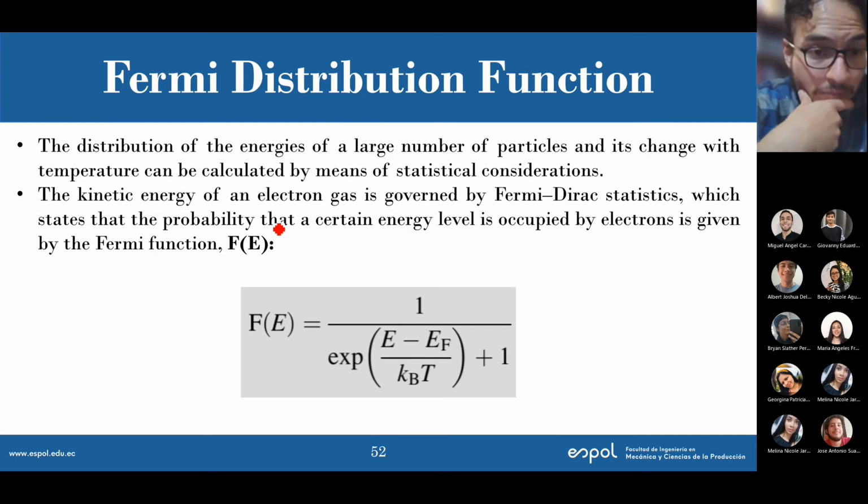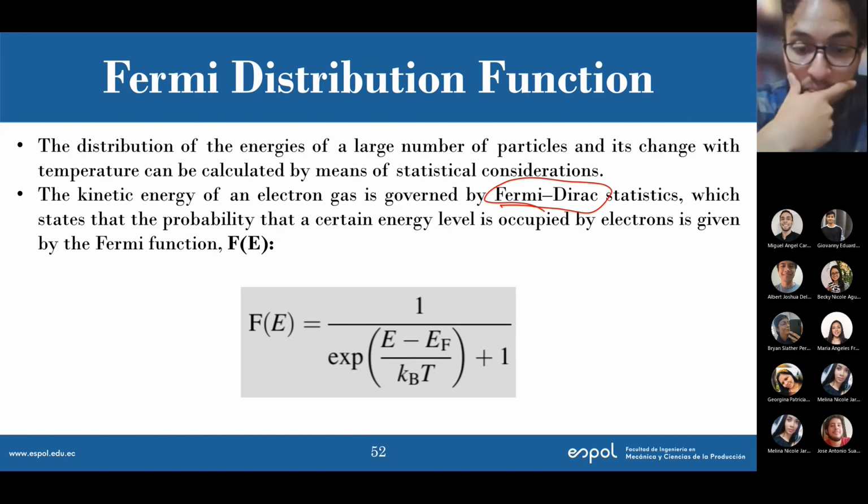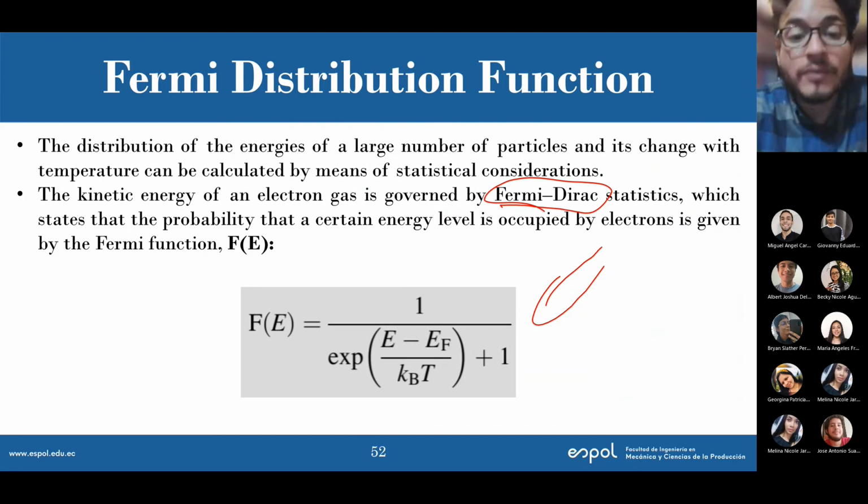If you remember, I'm not sure if when you studied statistics you learned about this equation of Fermi-Dirac statistics. If not, you see the equation there. That's an equation that they derived for probabilities.